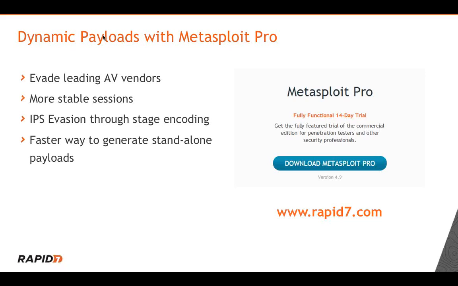Did it matter? Not in the slightest. Because AV is a very limited control. I don't want to say that AV is bad or that AV doesn't work. But what AV is good for, again, are those drive-by non-targeted attacks. Any kind of specific targeted attack, the bad guys already know how to put in the work to make sure their payload doesn't get caught.